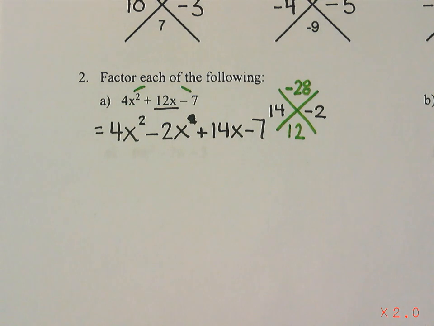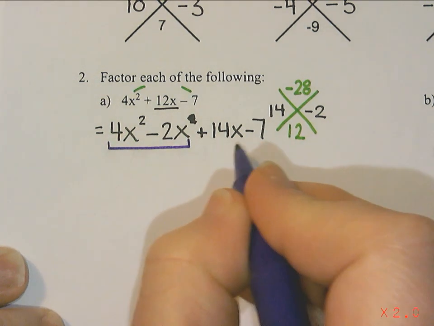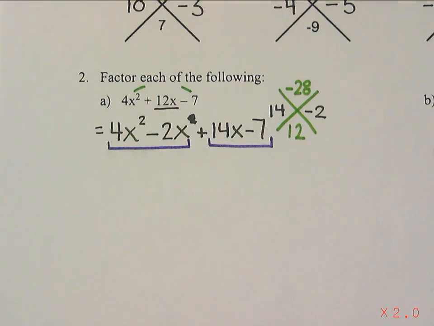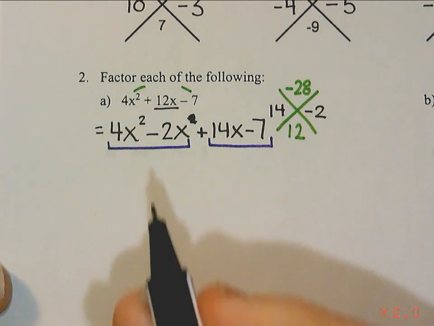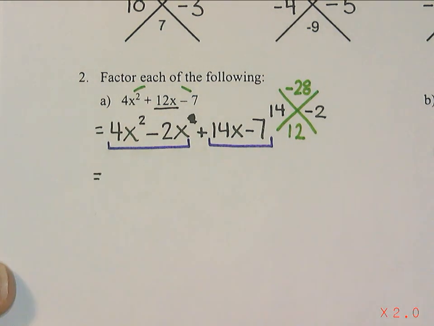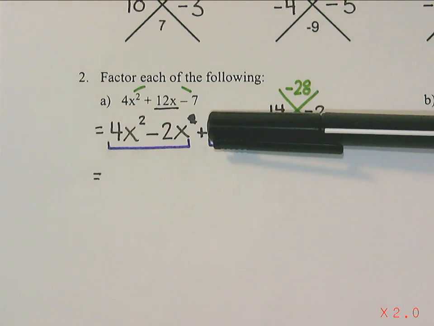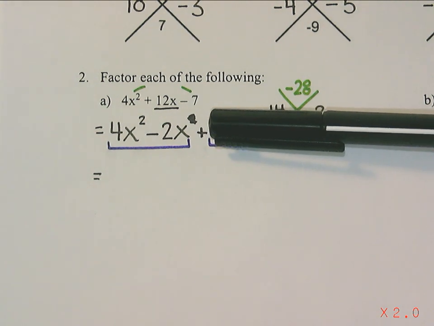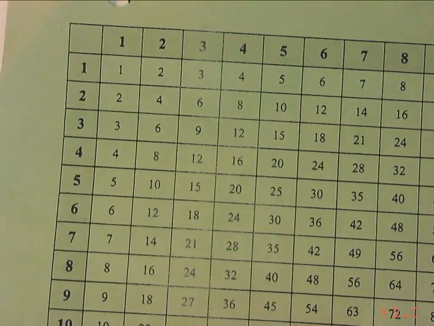All right, and then from here, we group. So we're going to put together the first two terms, the last two terms, and we are going to common factor out what they have in common. So looking just at the first two terms, the 4x squared minus 2x. First, I focus on the 4 and the 2. I can use my multiplication grid to help me with this.